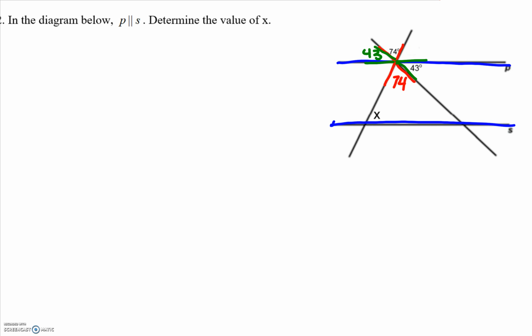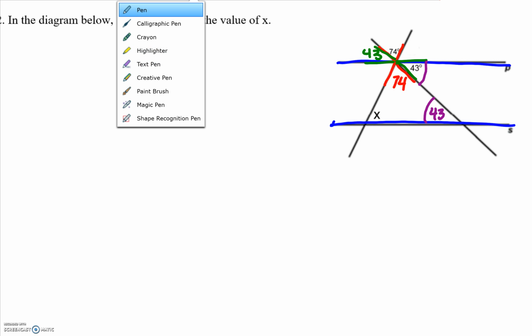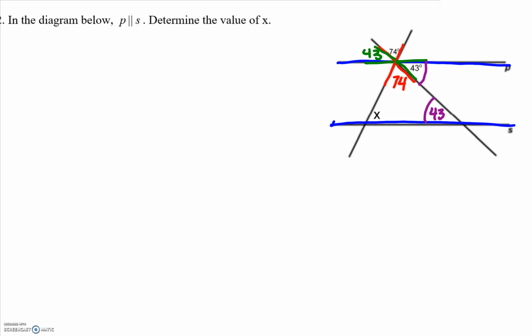And from here we could go a few different ways. We know P and S are considered parallel. So that means that angle of 43 is going to occur right here as well because they're alternate interior angles, which means they are congruent. So if we focus in on our triangle right here, we should know that angles within a triangle sum to 180.